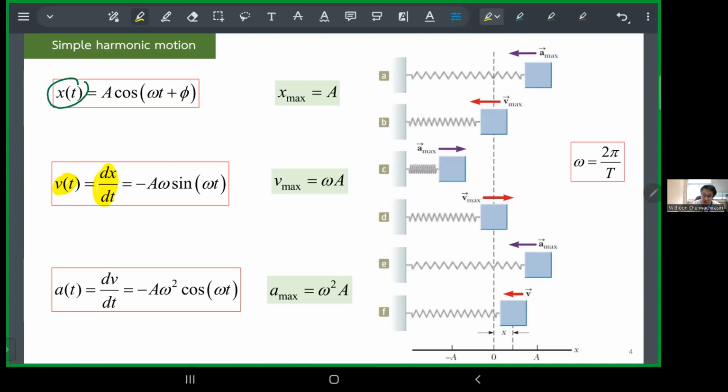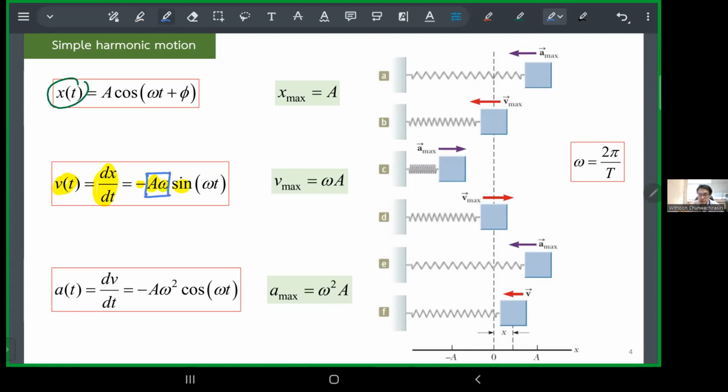Everyone knows how to differentiate, yeah? The derivative of cosine gives you negative sine. Don't forget the chain rule, which gives you an extra omega in the front. A stays there. That's it, guys. That is your velocity. Simple. Nice. However, there is one thing we can extract from this right away. Look at the numbers in the front.